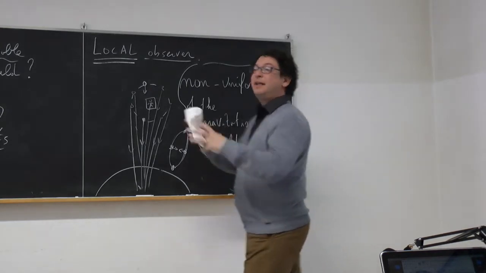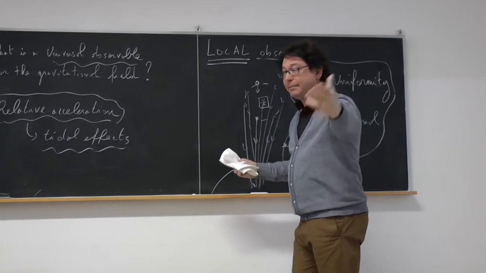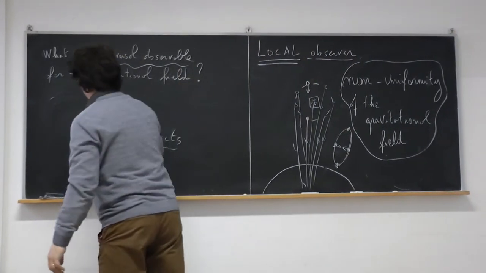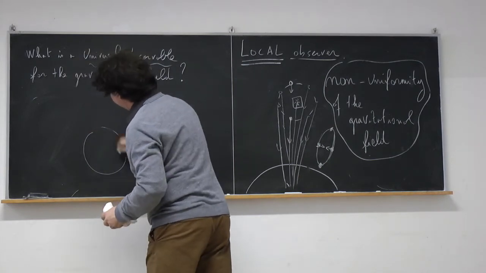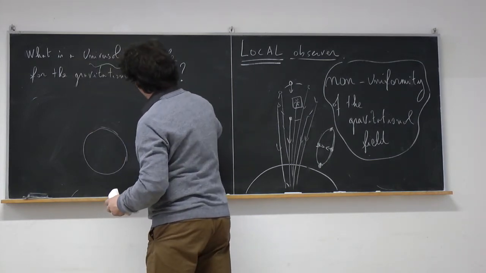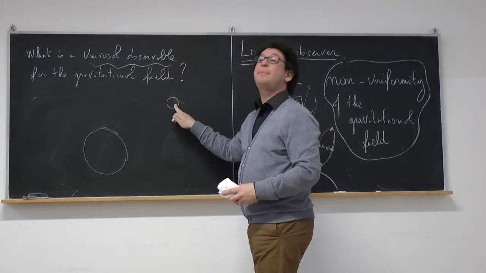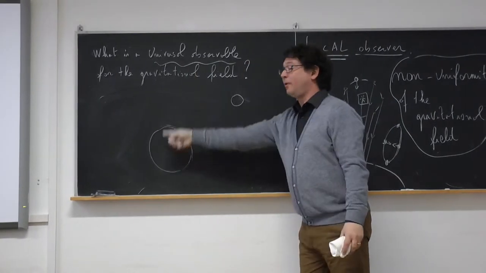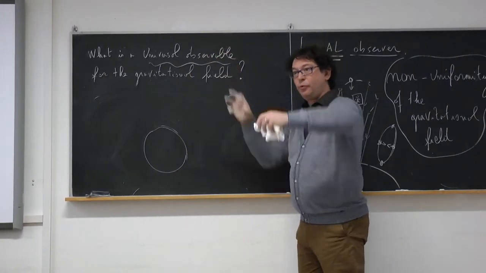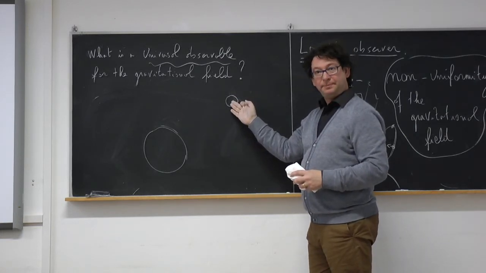And tidal effects, the tidal effects that the Moon creates for example on our planet, you know them well. You have the Earth, and you have something like the Moon. What happens? The Earth is really falling together with the Moon in the gravitational field of the Moon.